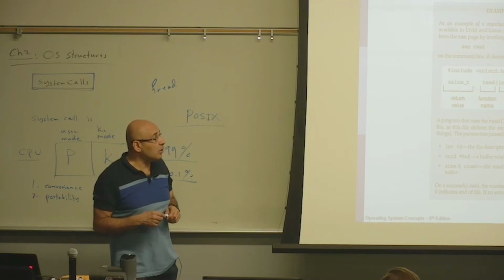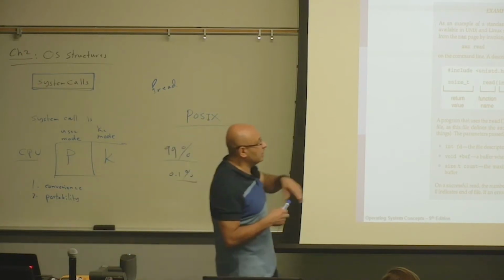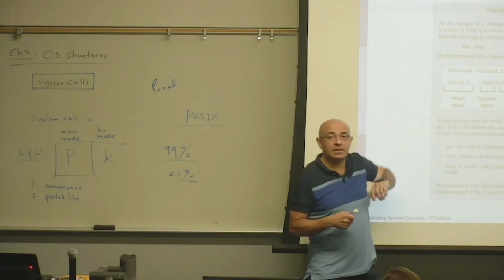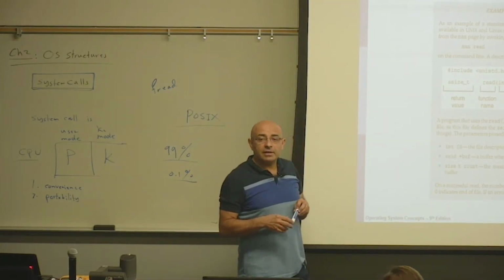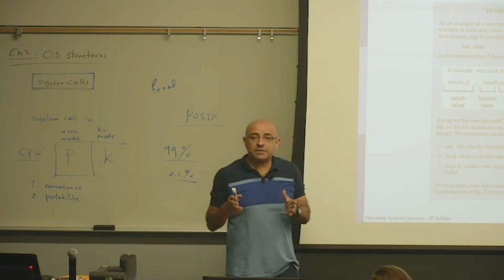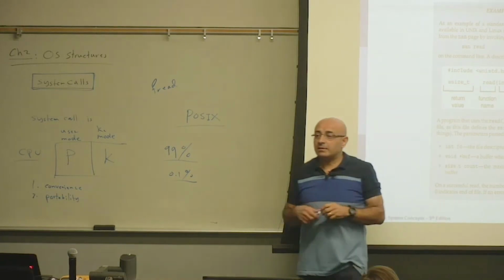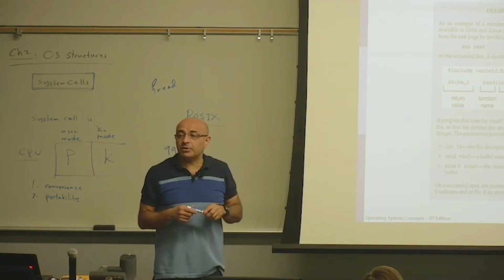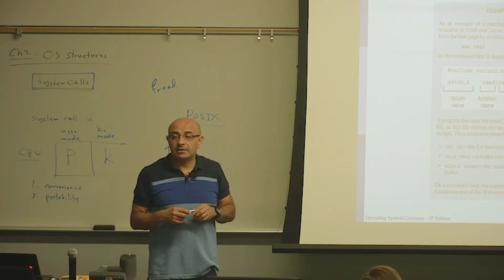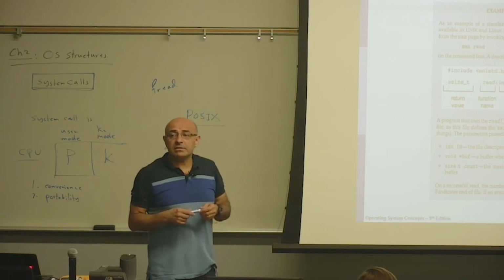How will the system know which file you want to read from? This file descriptor is specifying the file, right? And you are only passing a file descriptor. You are not passing a file name. So, has anyone used read?